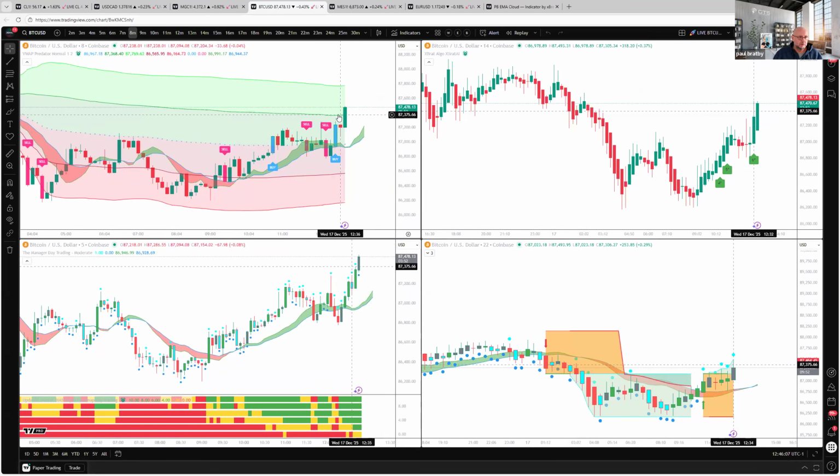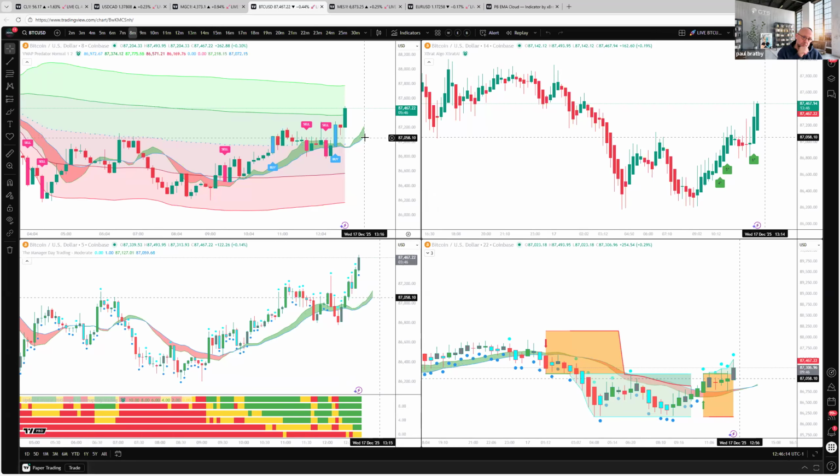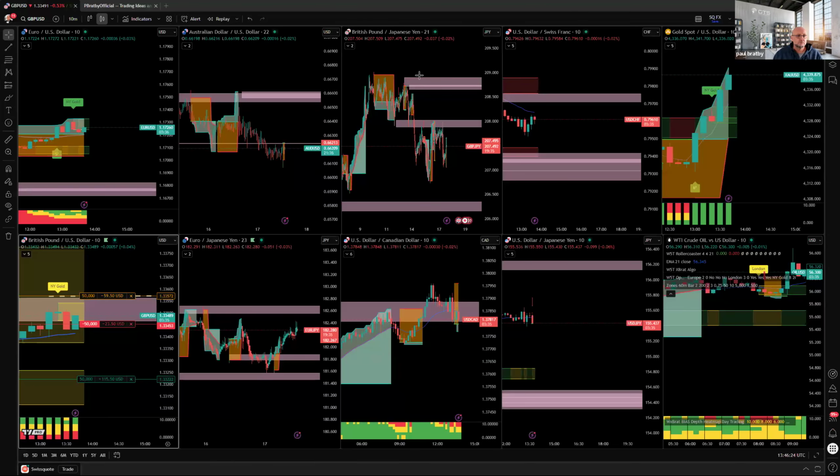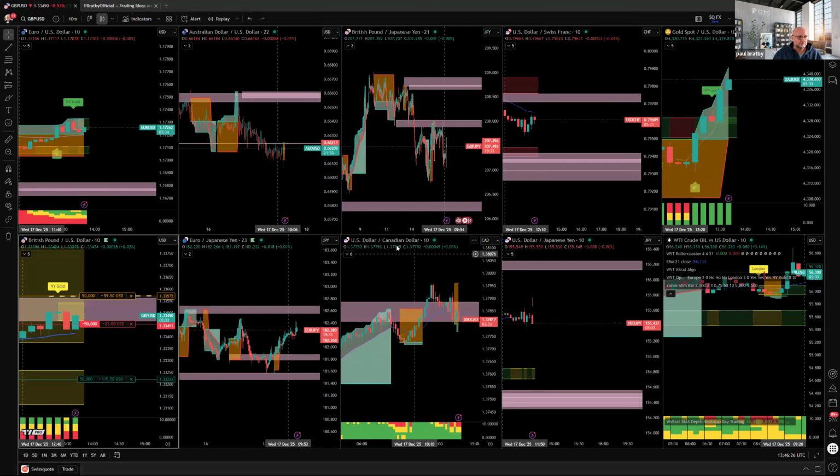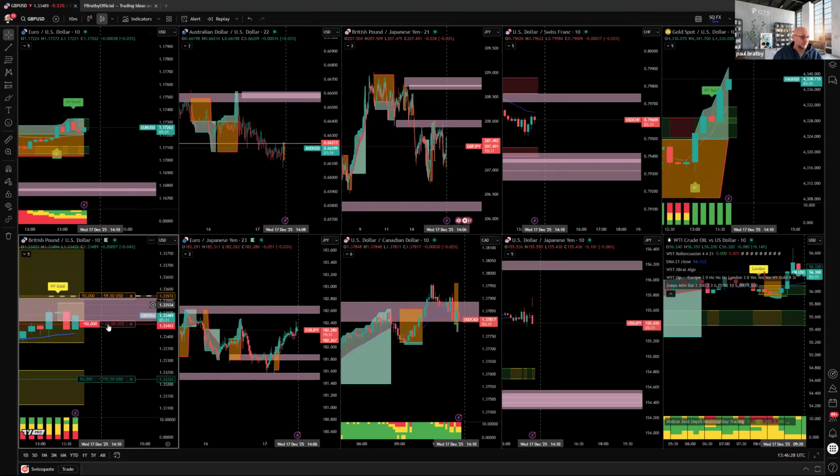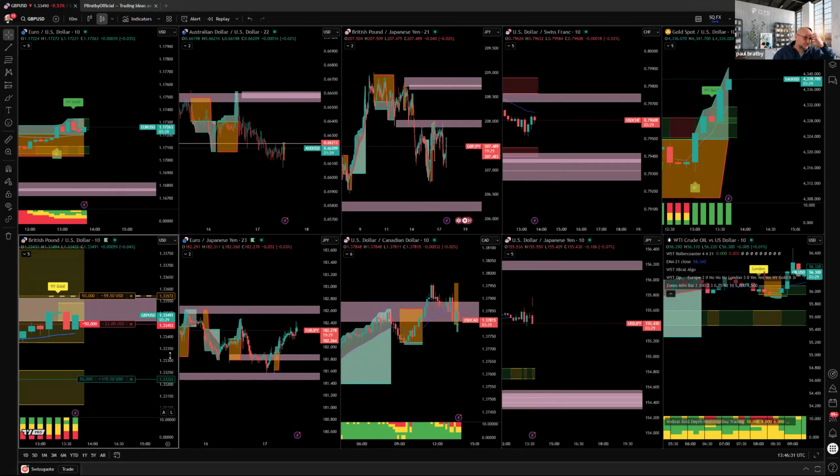We need another. This we got 5 minutes. Yeah, it's not too high. If it goes much higher, the system will cancel it anyway. Keep an eye on that. Okay, that's coming back up. That GBP US dollar.